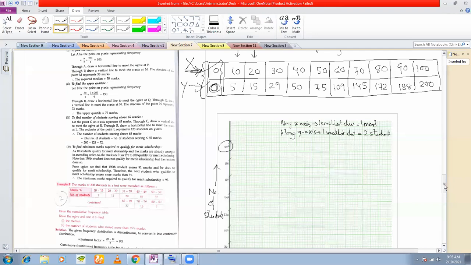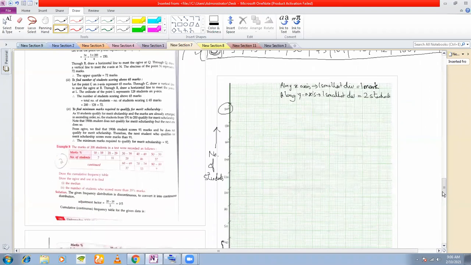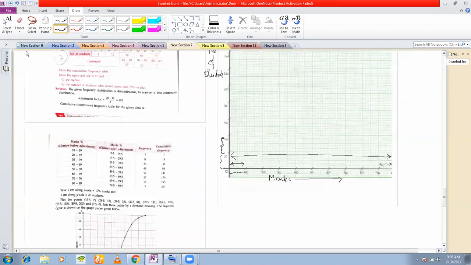After writing the scale, now we shall plot the graph. The first coordinate is 0, 0, which is the origin. We're going to mark this. This is my first coordinate, the origin, 0, 0.